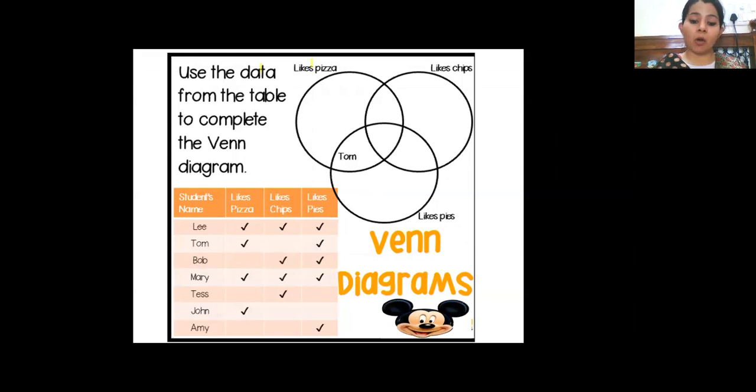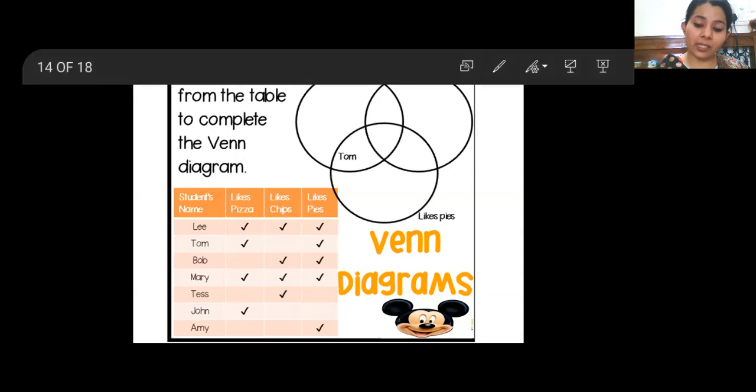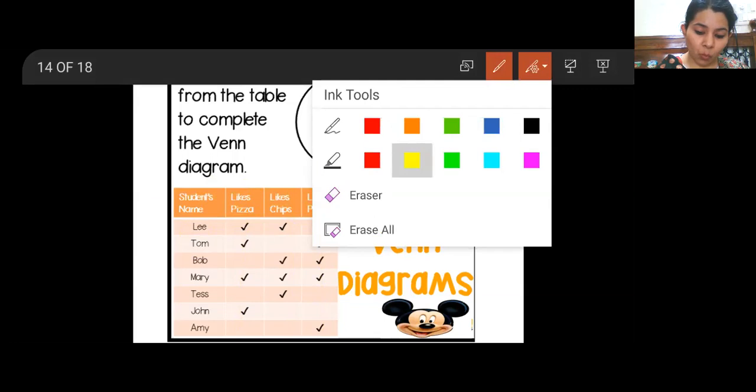Now here, if you can see on the downwards left hand side, I have this data with me, who likes pizza, who likes chips, and who likes pie, isn't it? So the first name is Lee. Let us see what Lee likes.